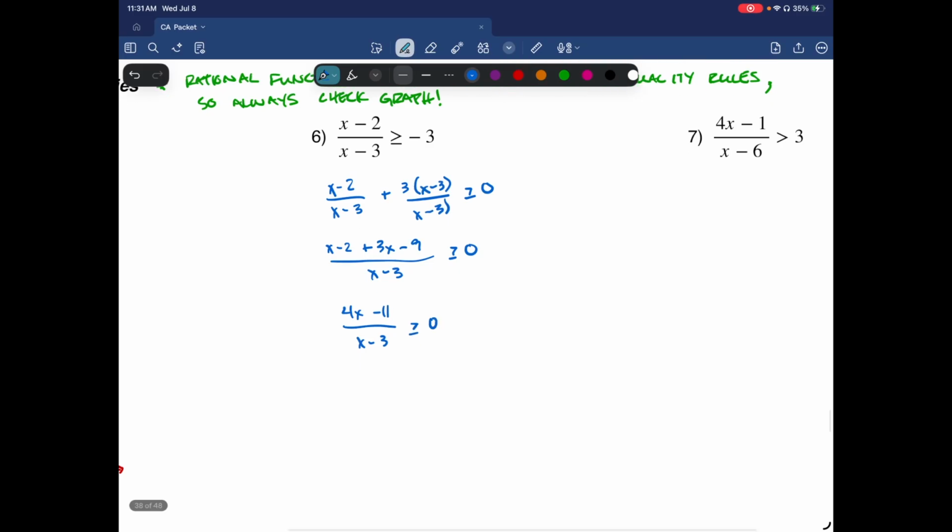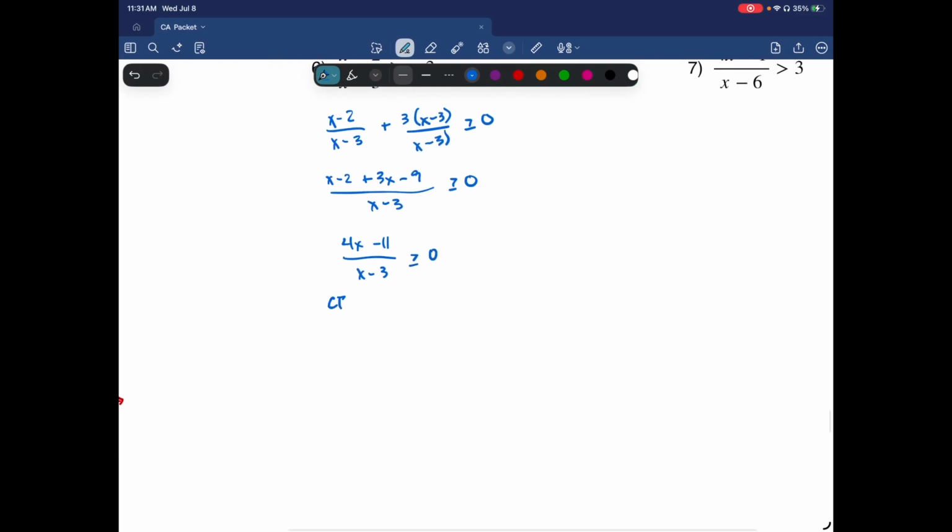My critical points are, if I set the top equal to 0, I get positive 11 over 4. And if I set the bottom equal to 0, I get 3. Okay, so those are my points. I'm drawing my line. I got 11 over 4. 12 over 4 would be 3, so I got 11 over 4 and then 3.